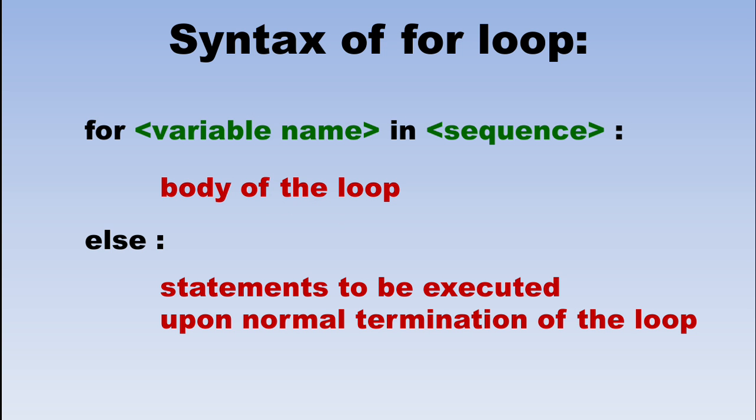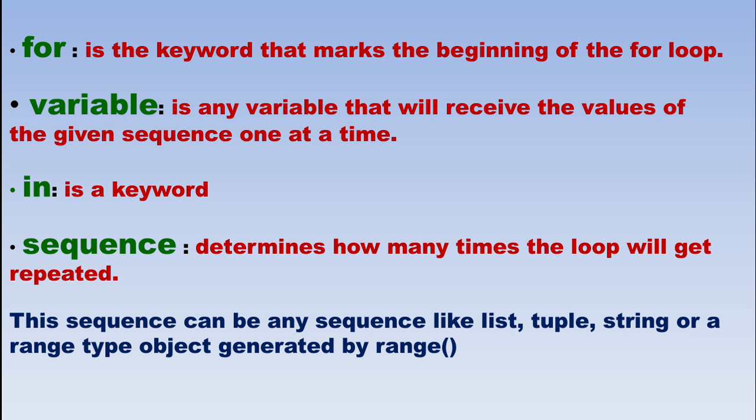In the same way, this loop runs for all the values of the sequence, and as soon as the sequence finishes, the control jumps to the loop else clause. So the sequence determines how many times the loop will be repeated, and the variable receives the values from this sequence.